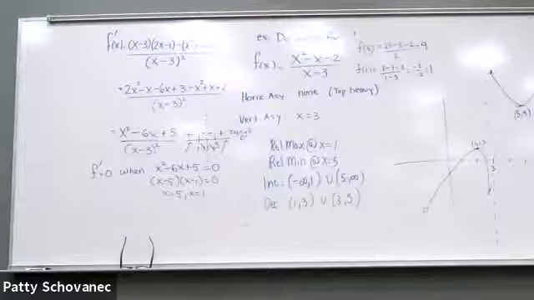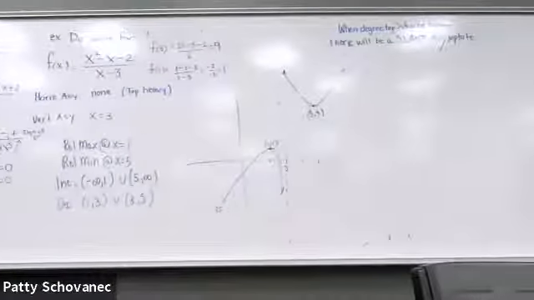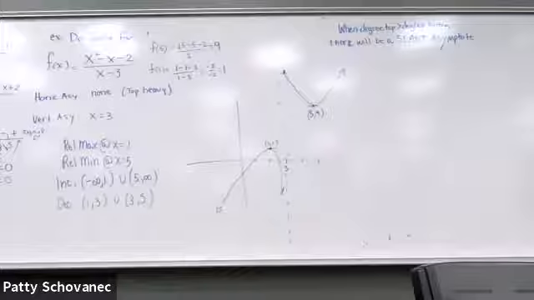The slant asymptote will be the equation of a line, y is equal to mx plus b, that we find by long division, and it's the quotient part, not the remainder part. It's the quotient part that we get in long division.